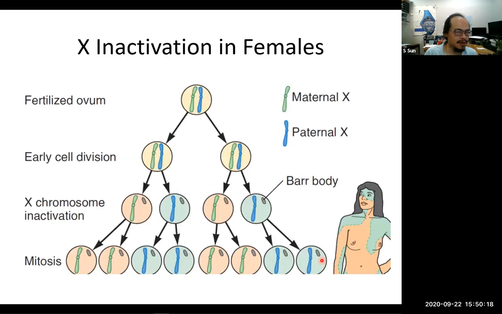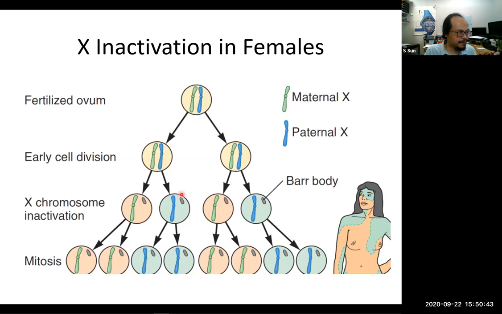So this is the diagram that I show you. Here we have the original fertilized egg. It contains one maternal X and one paternal X. Green is mother, blue is father. One cell divides to two, divides to four.